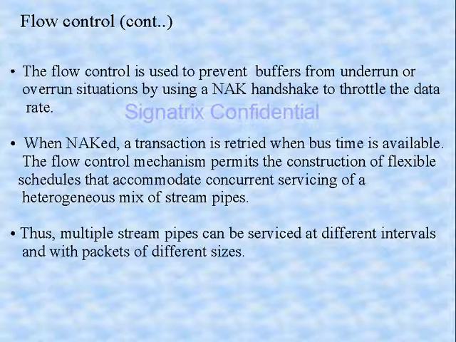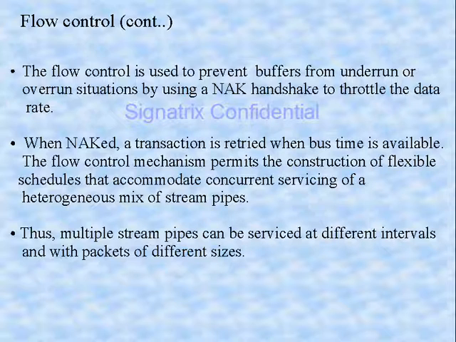Multiple stream pipes means, we know what a pipe is. A pipe is a logical connection between the host and the device endpoint. So many streams will be there. In a single device, we may have so many functions, right? Each function may have its own endpoints, so each one will have a separate stream. That is all about the multiple stream pipes.